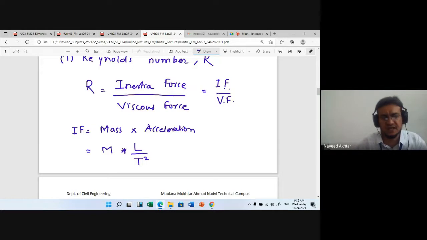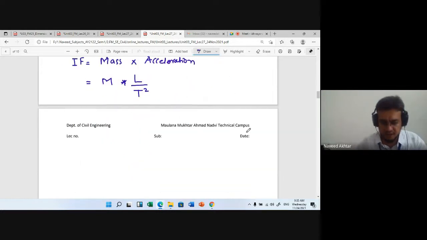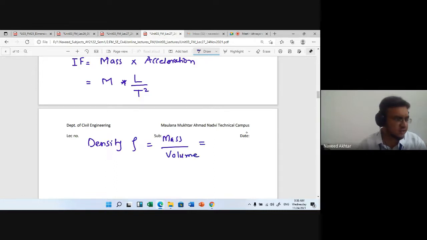We know that mass density rho is mass upon volume, measured in kg per cubic meter.